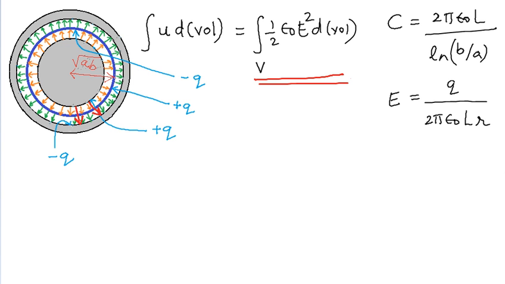Finally, the cylinder itself occupies some volume, but this volume tends to 0 because the thickness of the cylinder is extremely small, and hence the electrostatic field energy in that volume tends to 0 before the cylinder was introduced.